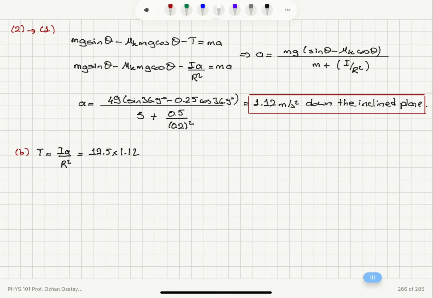So that gives us 14.0 newtons. So 12.5 we've obtained from I over r squared. So 0.5 divided by 0.04 gives us 12.5 multiplied with the acceleration a, 1.12, we find 14.0 newtons.